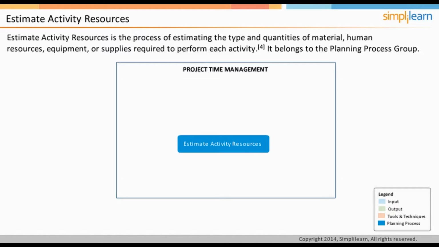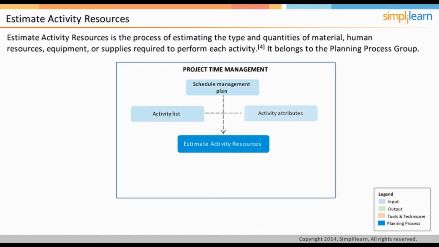Here, resources do not mean only the human resources, but include all other resources like equipment, raw materials, machinery, etc. Schedule management plan is the first input. It provides guidance in terms of methodology to be employed for many of the scheduling activities on the project. The other inputs to this process are an activity list and activity attributes that are the outputs of the time management processes.